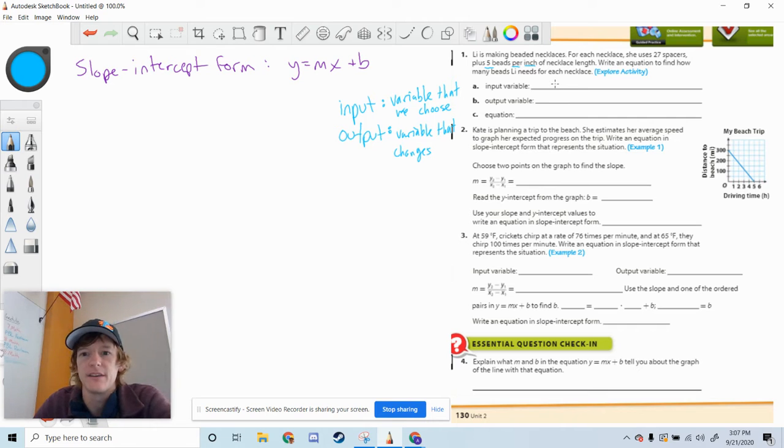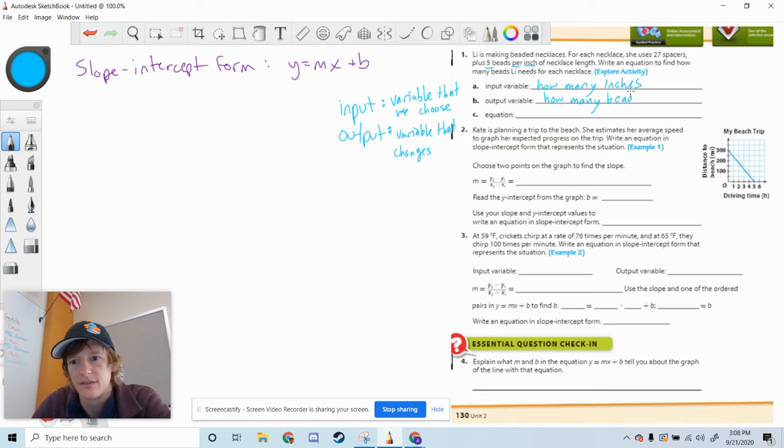So our input variable, this is the thing that we choose. We're going to choose how many inches. All right, and then the output is how many beads, and I'll explain that in a sec.